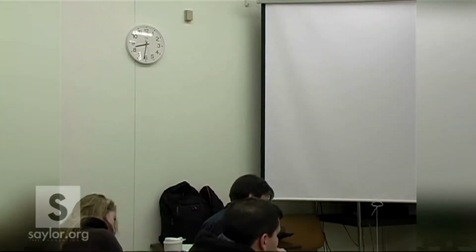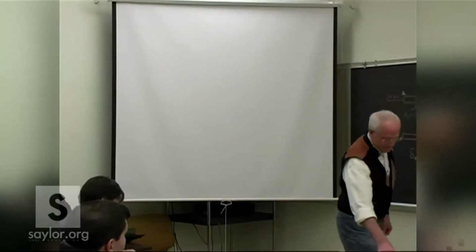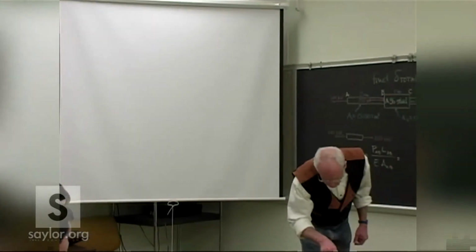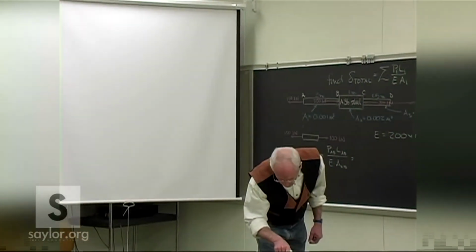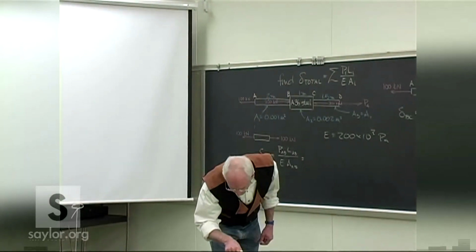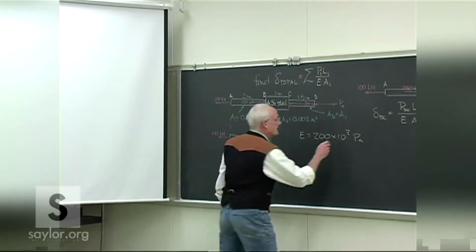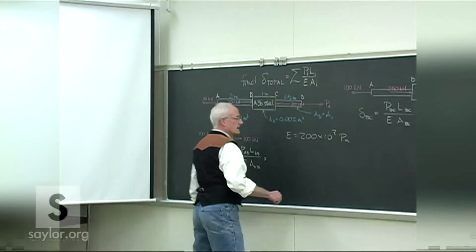Let's make sure I got all the right numbers up there. A little late for you guys, but all kilonewtons. Oh, I'm sorry. Yeah. All right. This isn't 10 to the 7th.